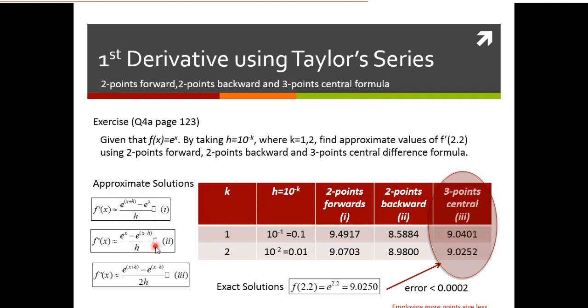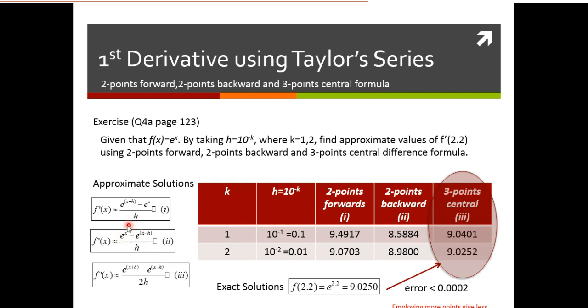Okay, and then the second one is the formula for the 2-point backward difference formula, whereby f prime x is equal to f of x minus f of x minus h divided by h.